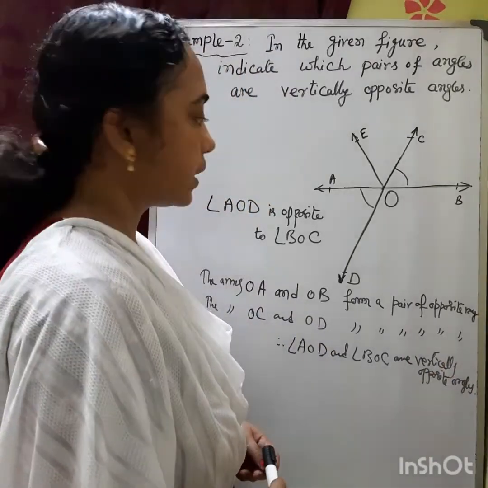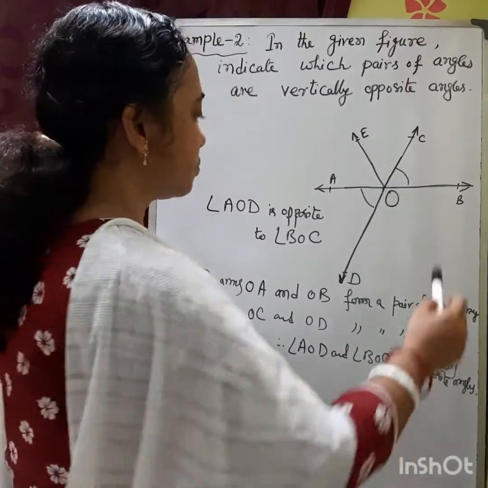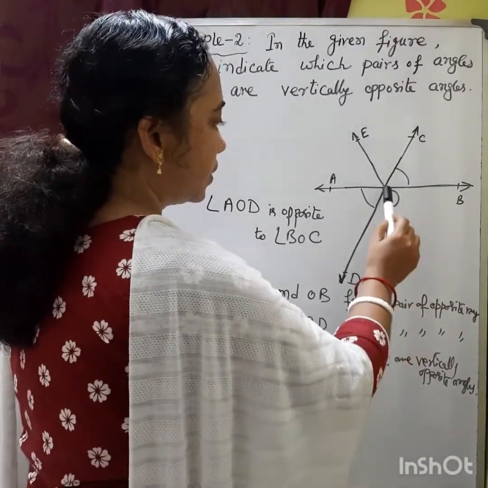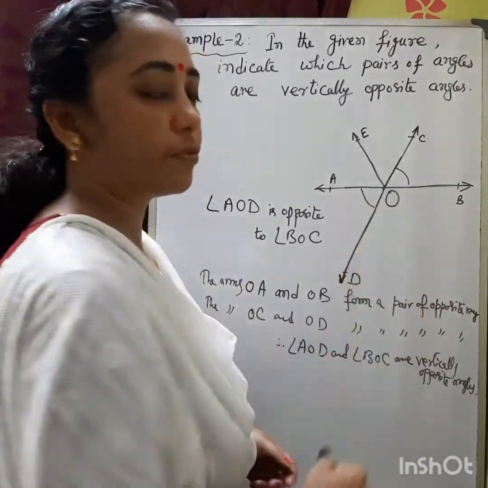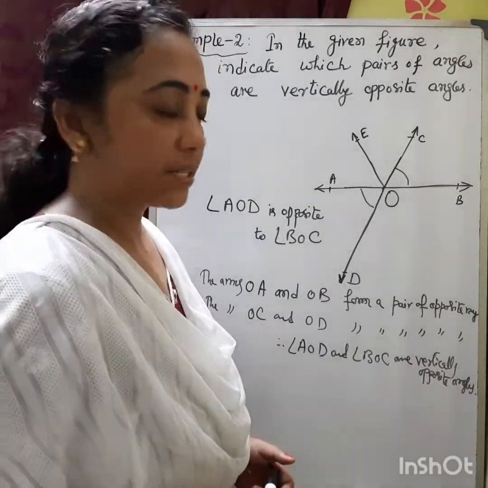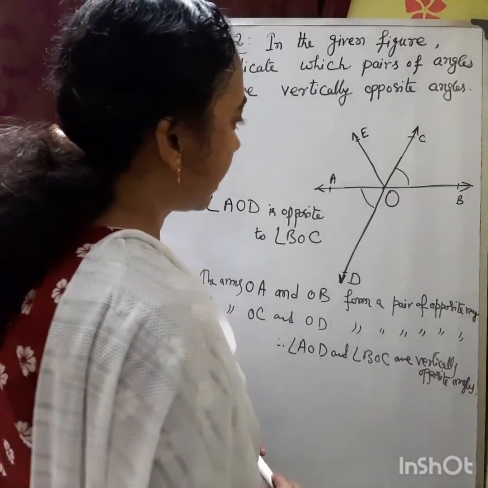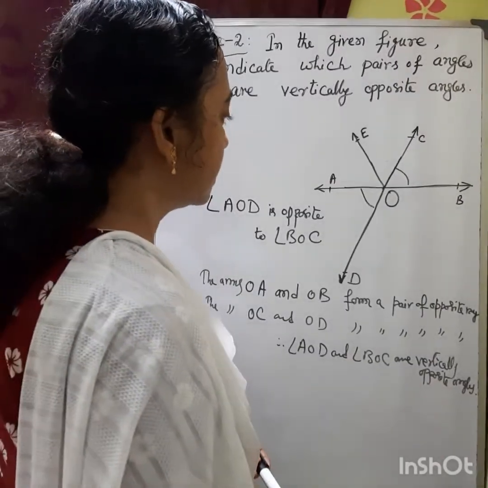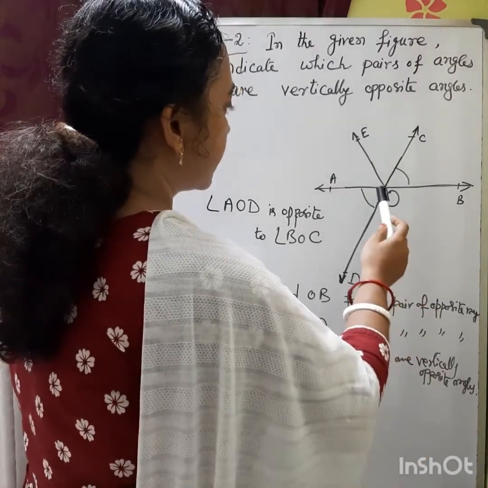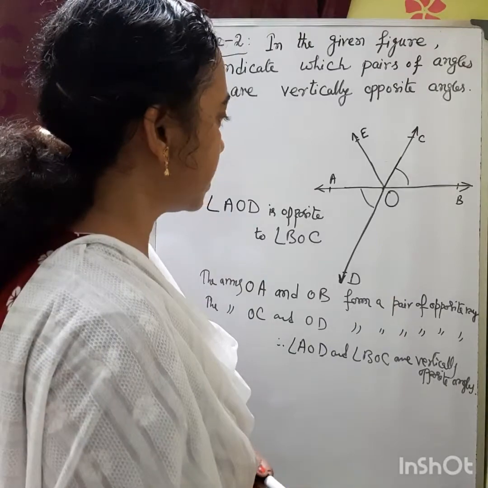Similarly, now if you consider angle AOC, this angle is opposite to angle BOD with common vertex O and they have no common arm. Also these two angles are not adjacent angles. So we can say that these two angles are vertically opposite angles. If we consider their arms, OA and OB form a pair of opposite rays.